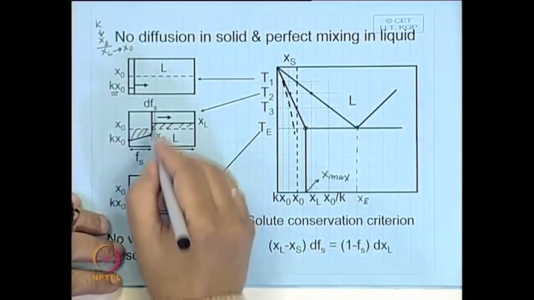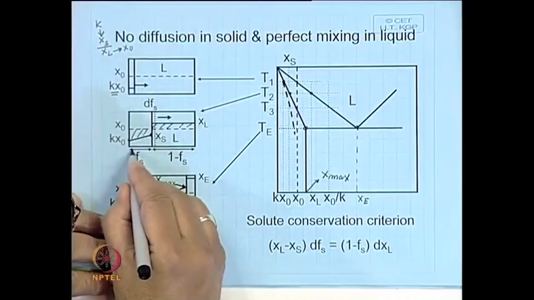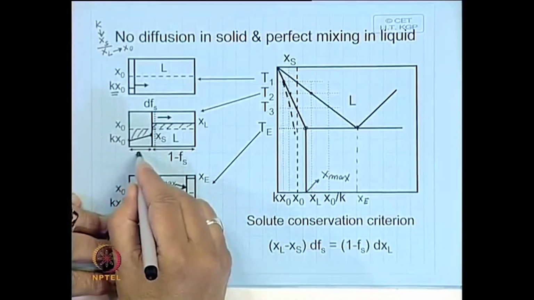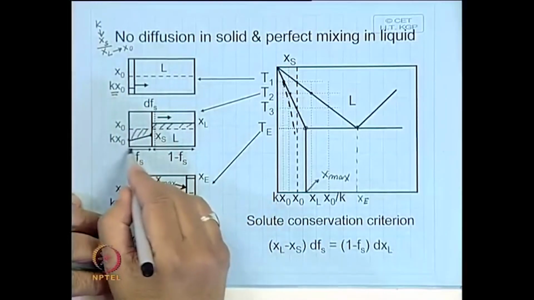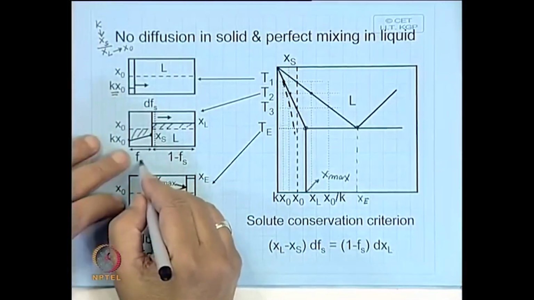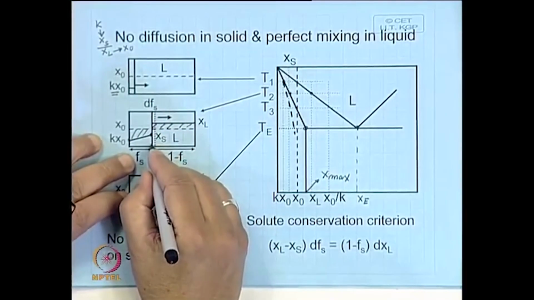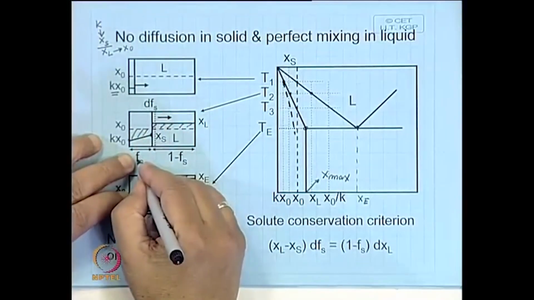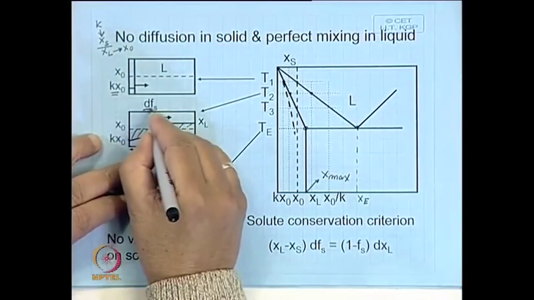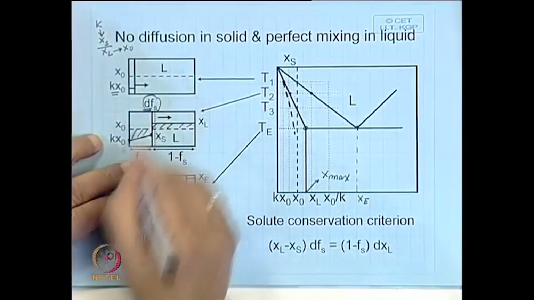Now, if you assume that F s represents fraction of solid. So, this is the total structure, F s represents fraction solid, and now let us say this interface moves slightly towards right. So, that means there is an additional d F s amount of additional solid forming.